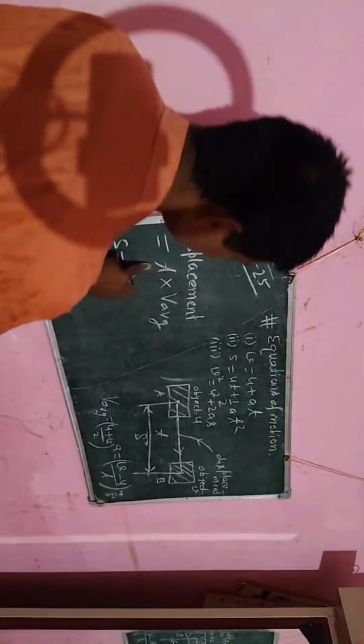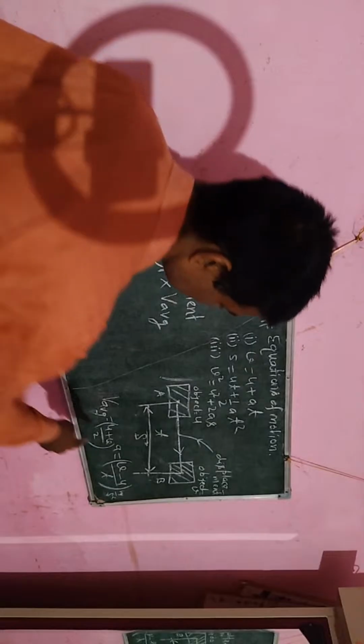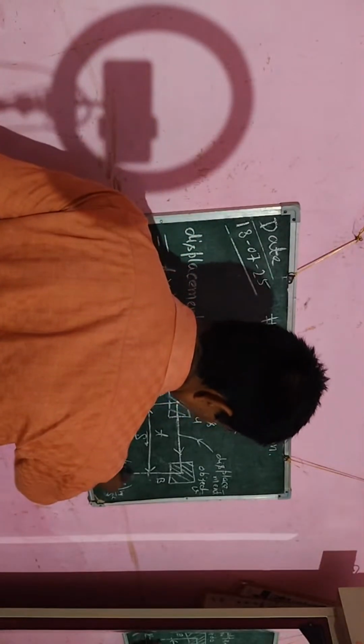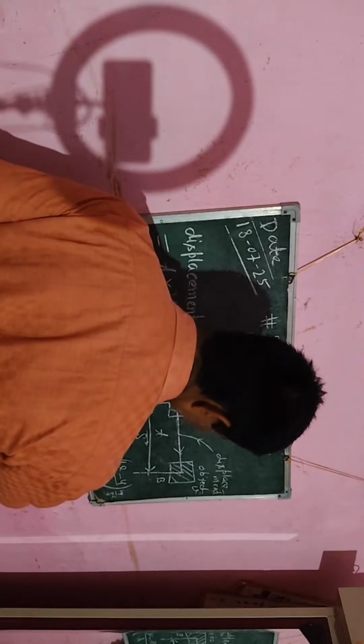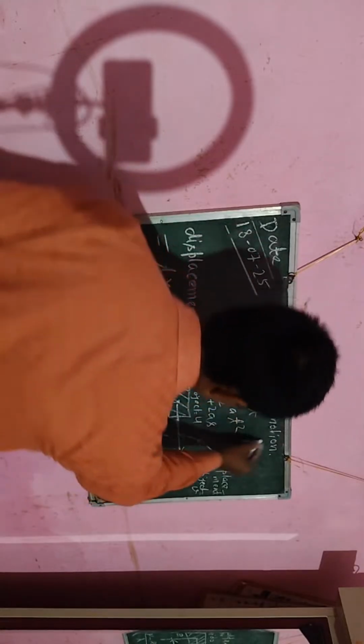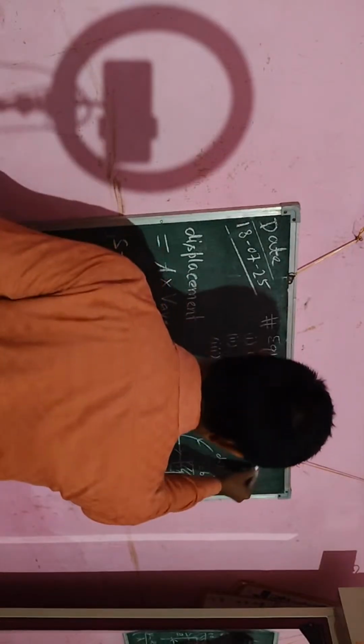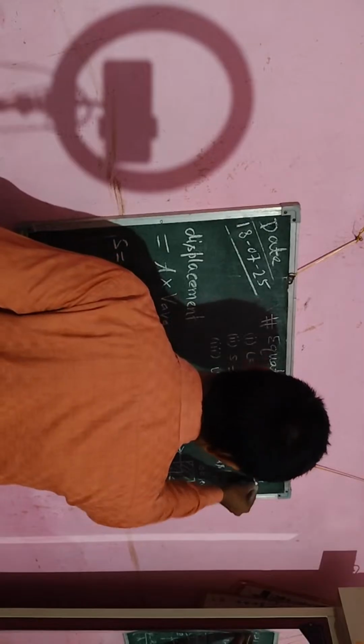So in place of time, I can take it from the acceleration. Acceleration a is equal to v minus u by t. So the value of t from the acceleration formula I will get as v minus u divided by a.